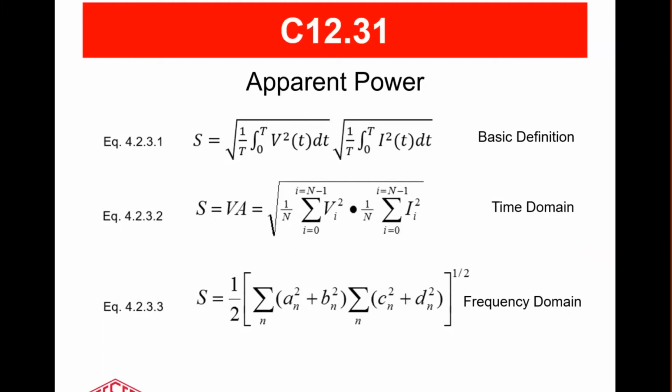Because each different way that it's measured classically gives answers that we would all agree don't really make sense for what we usually think of as apparent power, because we use apparent power primarily to compute power factor.